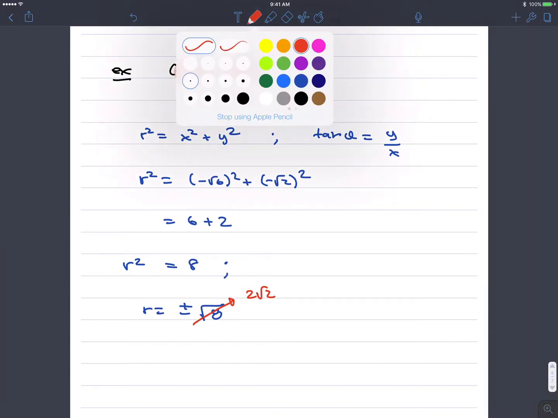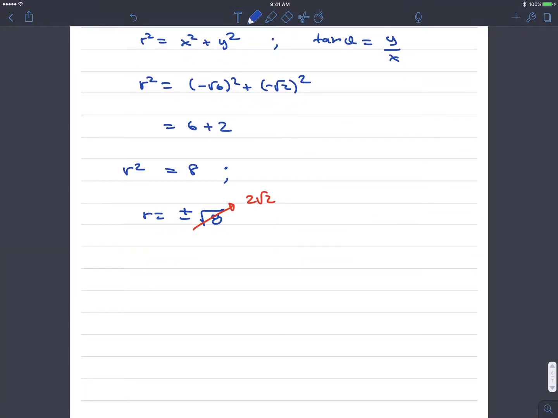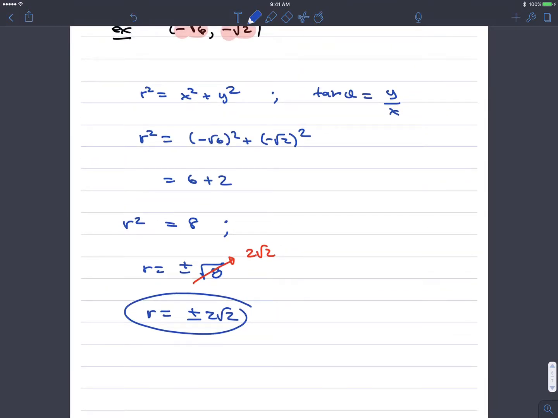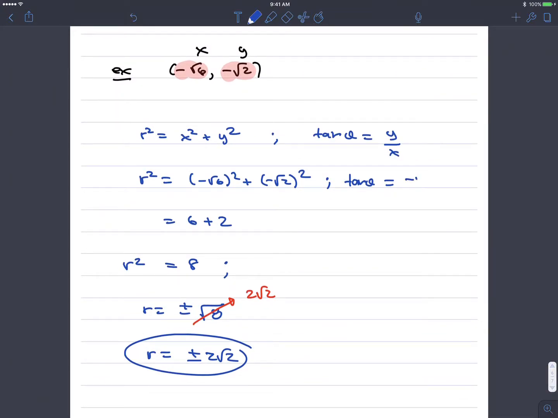So let's put this in blue here. I have two radius values again. R would be plus and minus 2 square root of 2. Let's find out theta. Tangent theta is, what's the ratio? Minus square root of 2 over minus square root of 6.